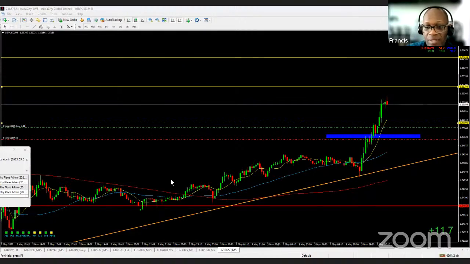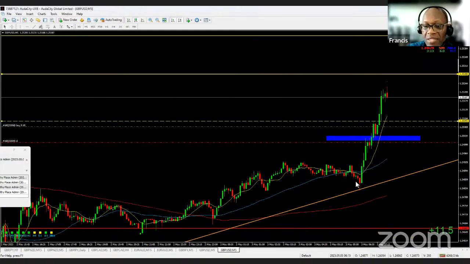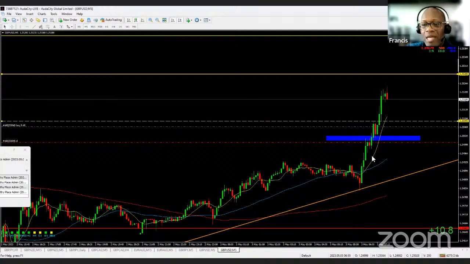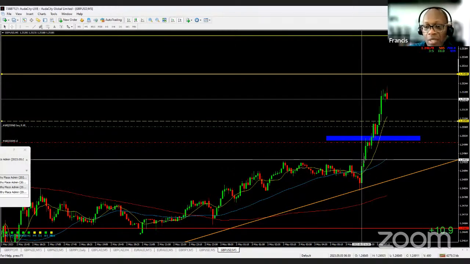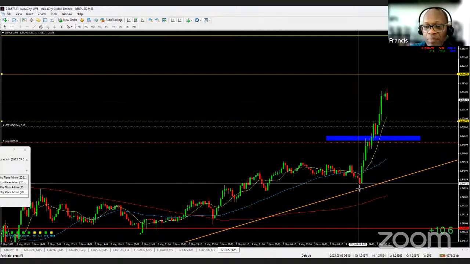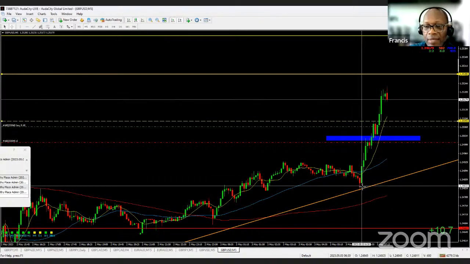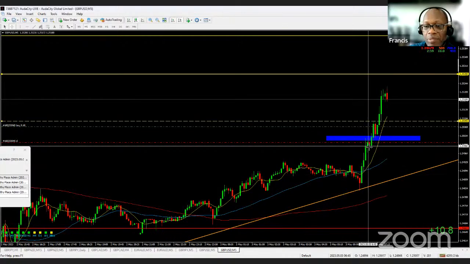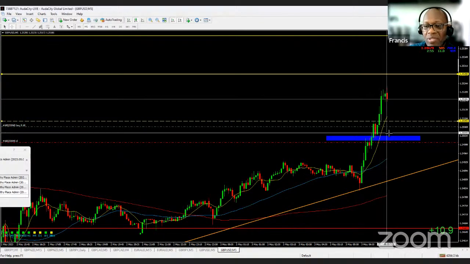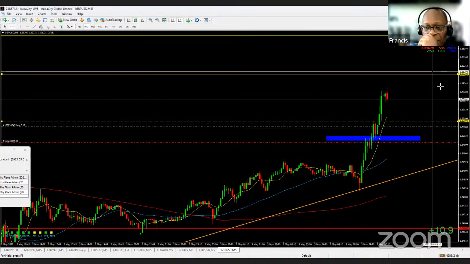What I have been showing lately as well is that when there's a push and there's a pause, sometimes it continues. So we see there was this push from the trend line here, a push up. There was a slight pause there, another pause here, each time it pushed up.